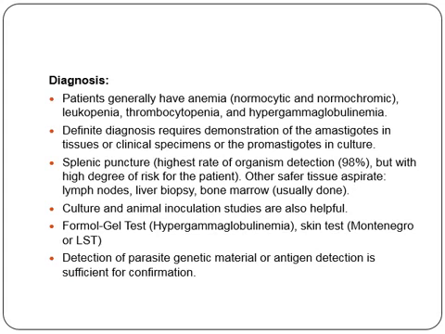It is a helpful negative test, because if it is negative, we don't have hypergammaglobulinemia, so maybe we don't have kala-azar. But if it is positive, it is a clue for the disease.